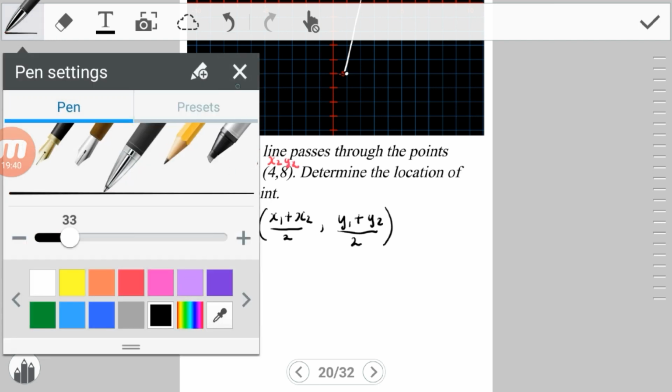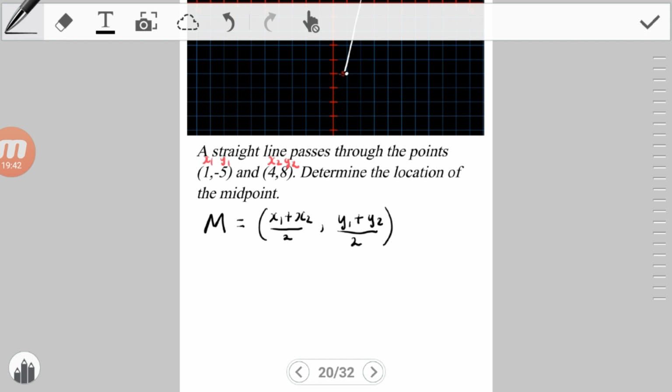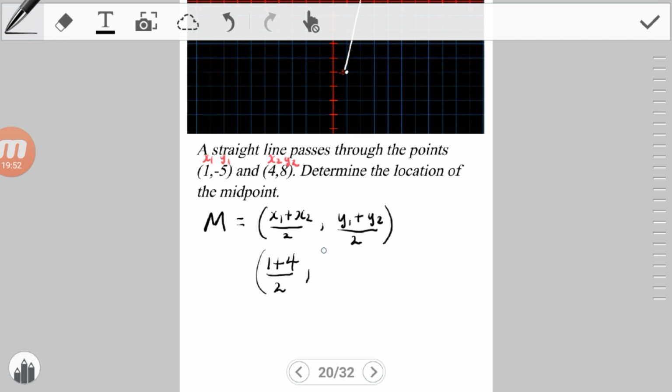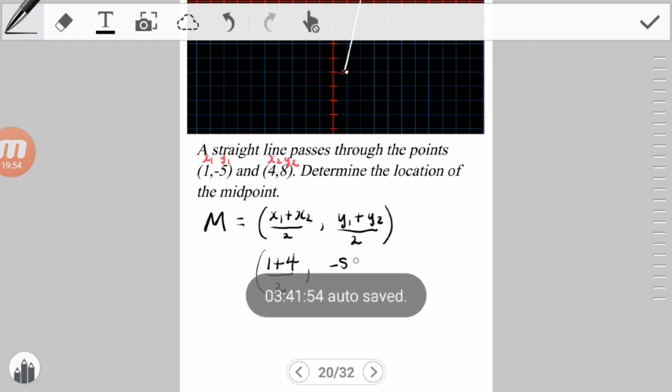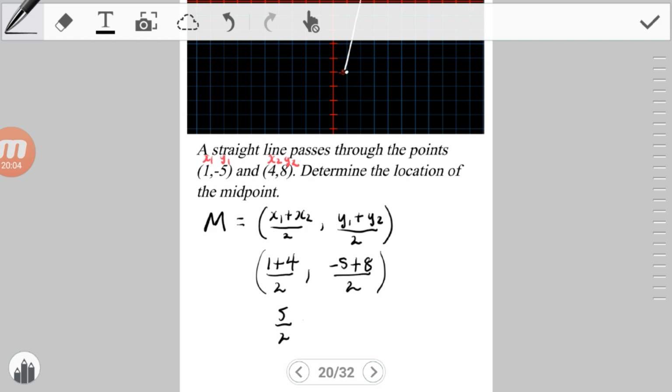Plug our numbers in. So x1 is going to be 1 plus x2 is going to be 4, that will be divided by 2. And y1 is going to be -5 plus y2 is going to be 8 divided by 2. Alright, mathematically this becomes 5 over 2 comma negative 5 plus 8, that's 3 over 2.